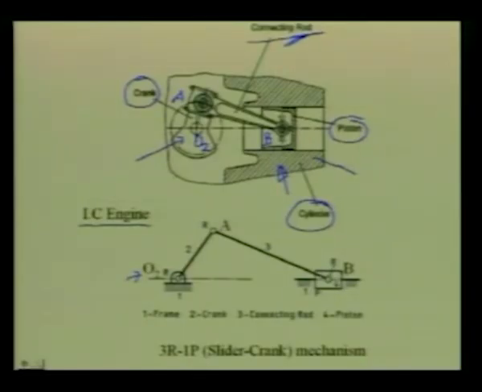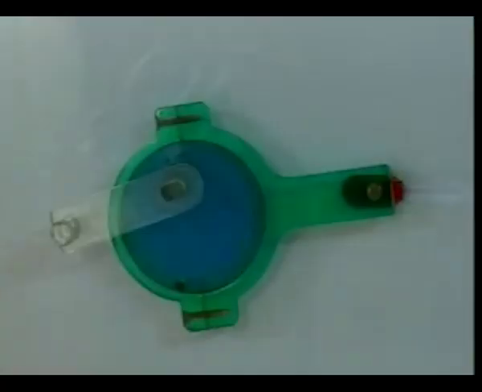The cylinder has a prismatic pair. 4 denotes the piston, 3 denotes the connecting rod, and 2 denotes the crank. So, O2AB is the kinematic diagram of this mechanism, which is normally called a slider crank mechanism.